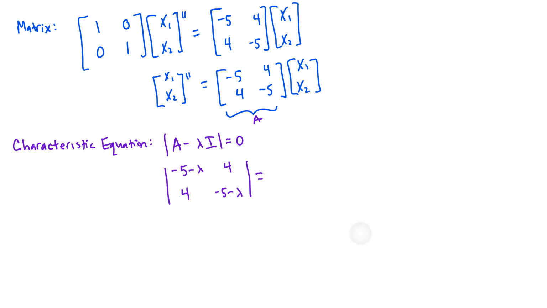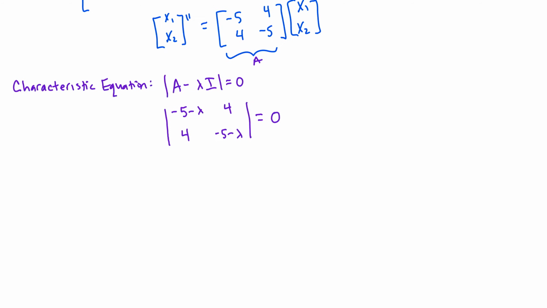So calculating this determinant, we have our forward diagonal product, -5 minus lambda times -5 minus lambda, minus the reverse diagonal product, 4 times 4. Foiling here, we have 25 plus 10 lambda plus lambda squared minus 16 equals 0.